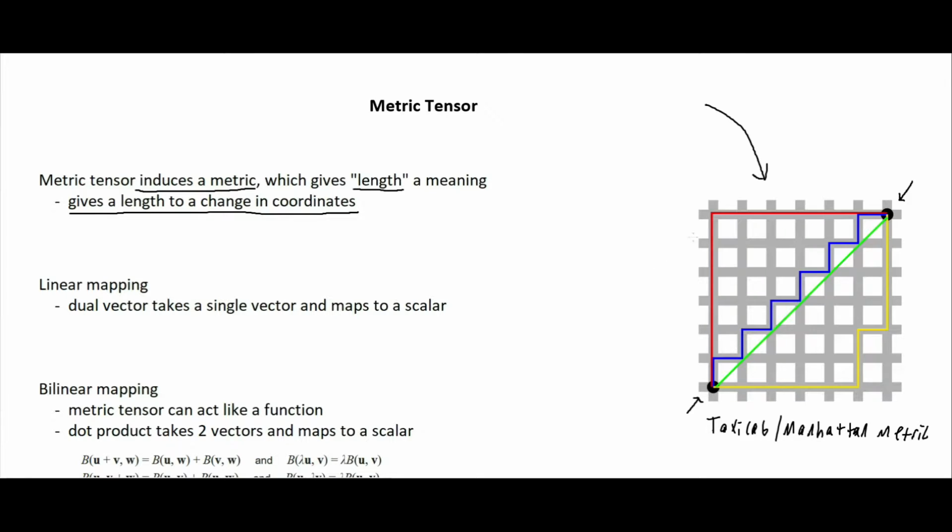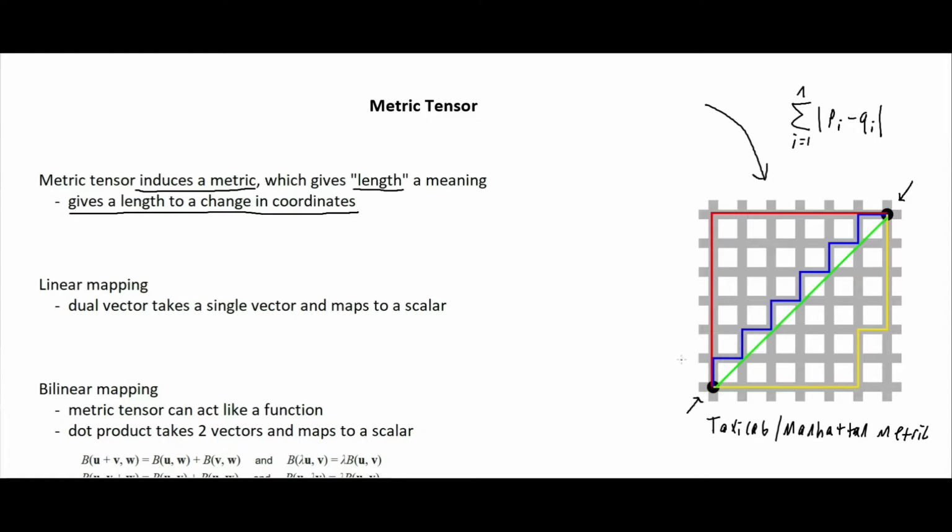I don't want to get too much into functional analysis, but the taxicab metric is the summation from i equals 1 to n of the absolute value of p_i minus q_i.